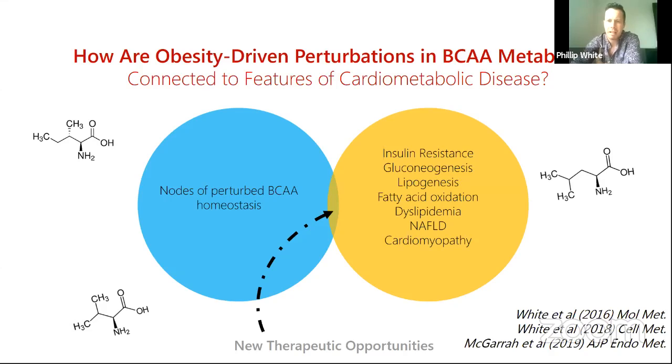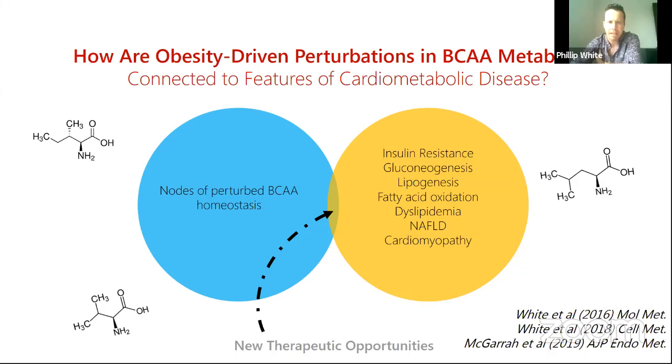accumulation within the heart, and so on and so forth. And so in the past couple of years, we've had some contributions to this field where we found that the exposure to branched-chain amino acids can influence skeletal muscle insulin sensitivity and can also influence lipid deposition in the heart by influencing substrate utilization in those tissues.